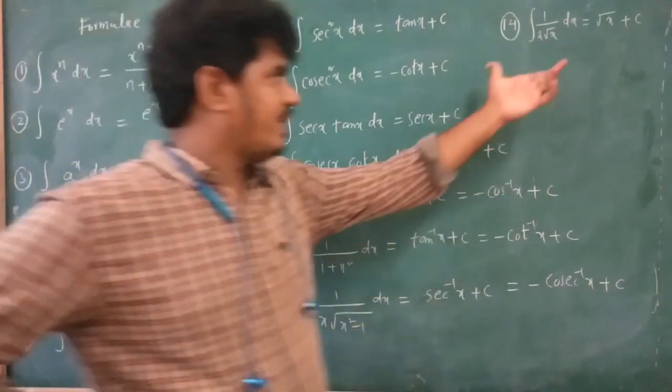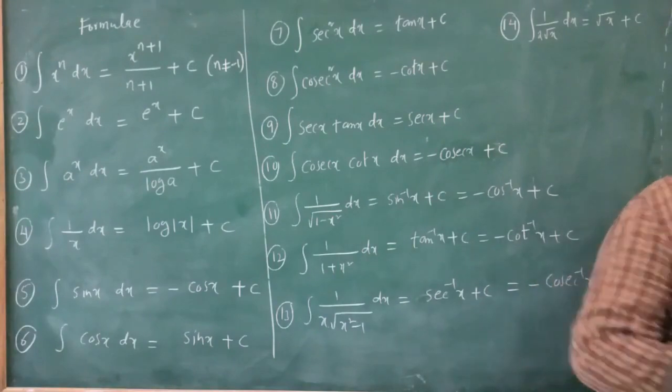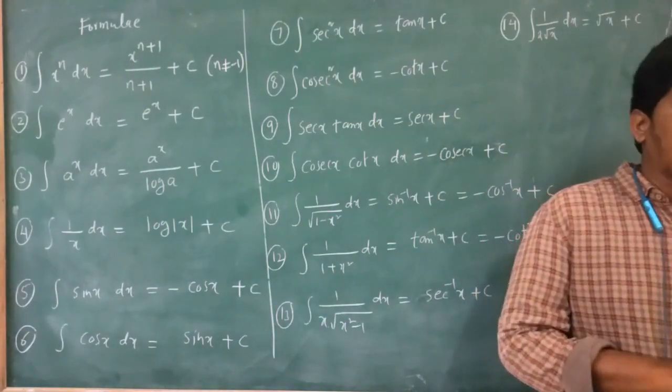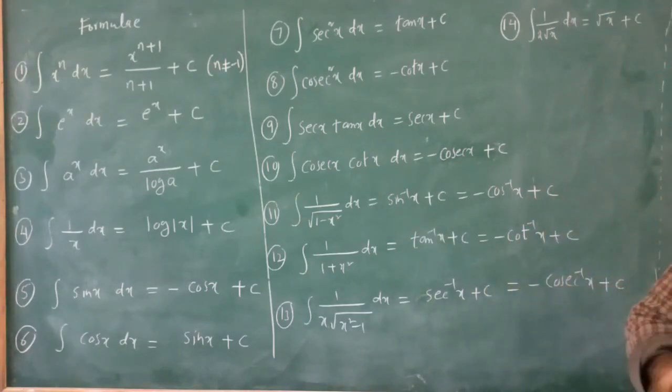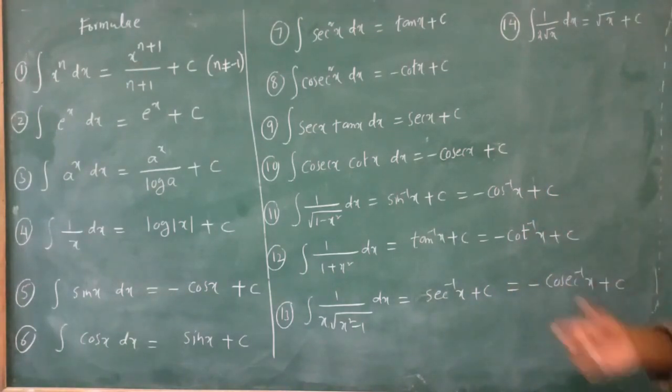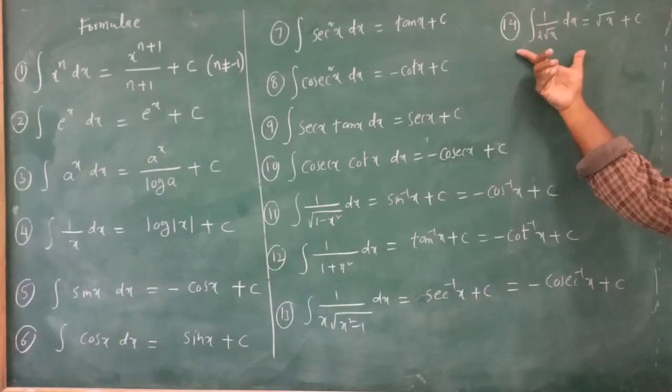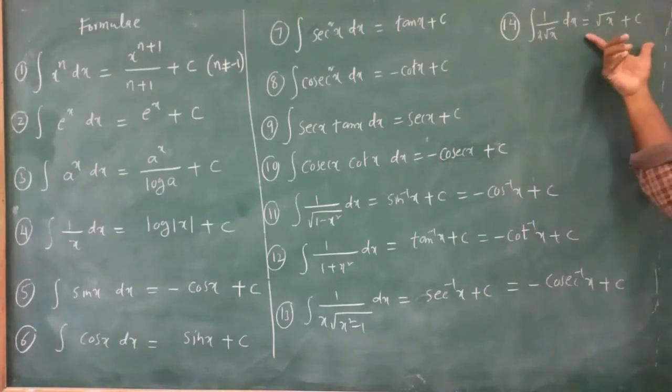Here I gave one extra formula. You already know the derivative of root x with respect to x is 1 by 2 root x. So here the integral of 1 by 2 root x dx is root x plus c.